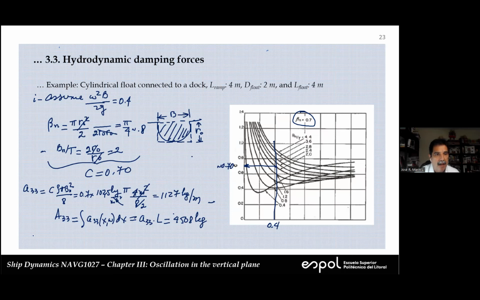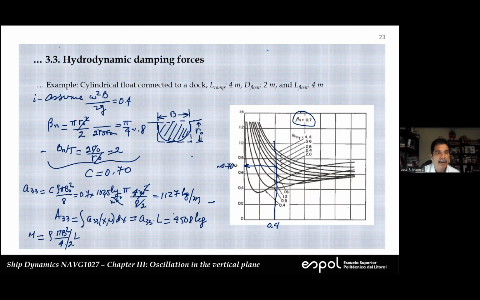Okay, now the mass. Since you're floating up to half, it's going to be rho, that's the density of the water, times half of the area times the length.